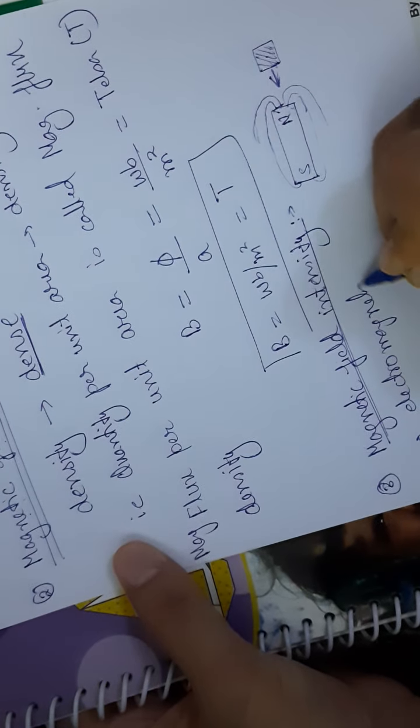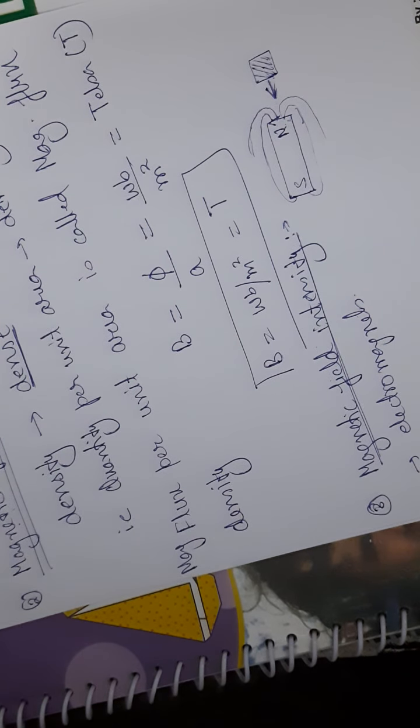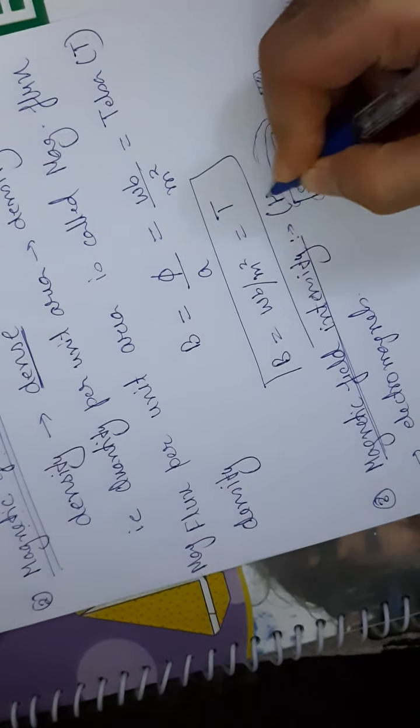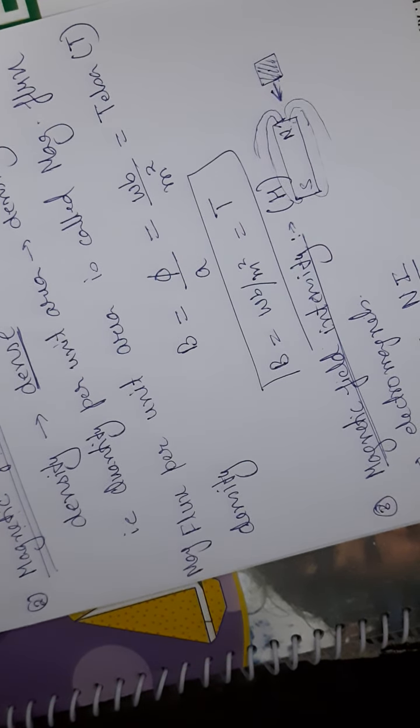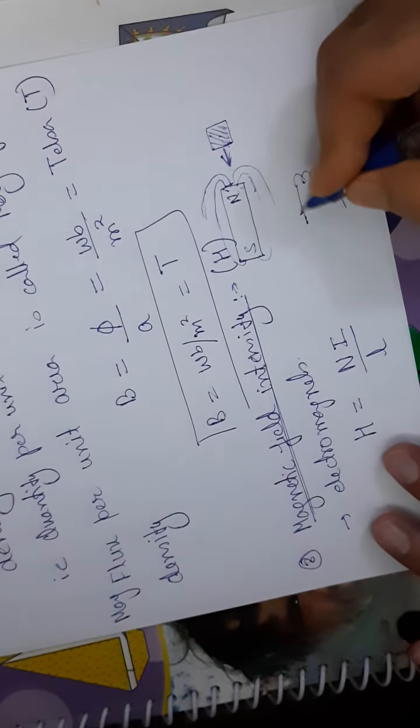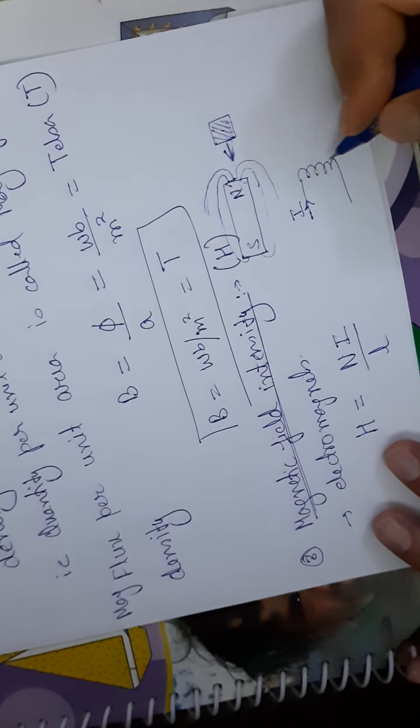Here we are interested in electromagnets. So this magnetic field intensity is denoted by the symbol H. In case of an electromagnet, the magnetic field intensity H is given by the formula N into I divided by L. Because in an electromagnet you have a coil, and a current flows in this coil, and some flux is generated.